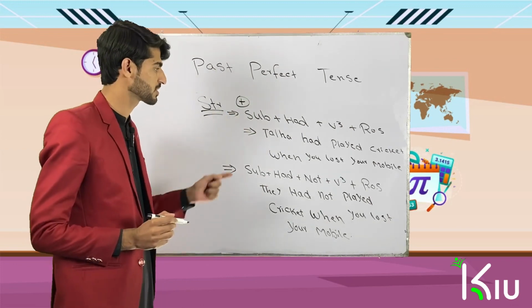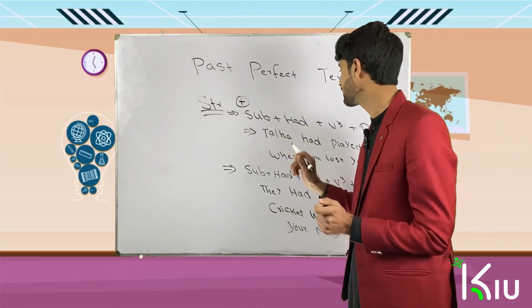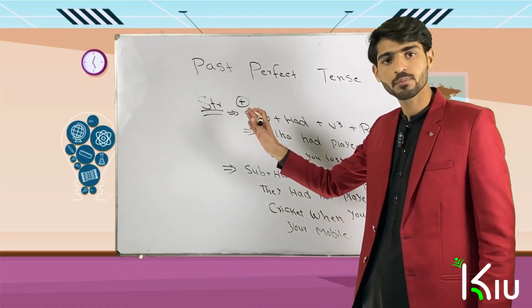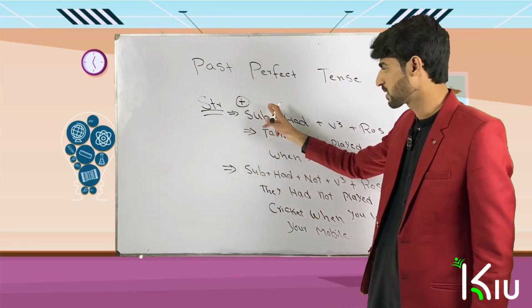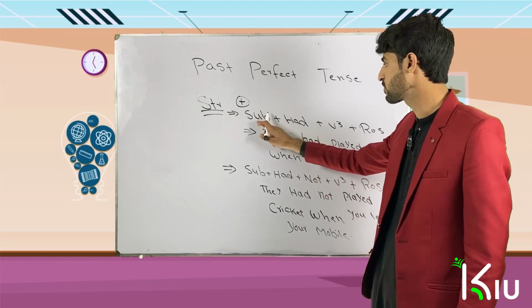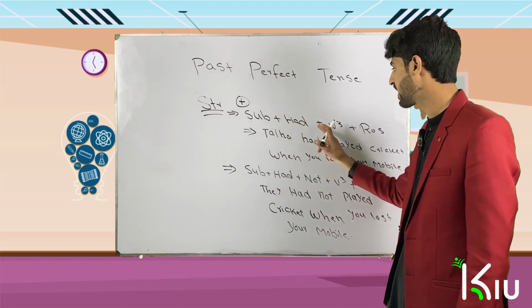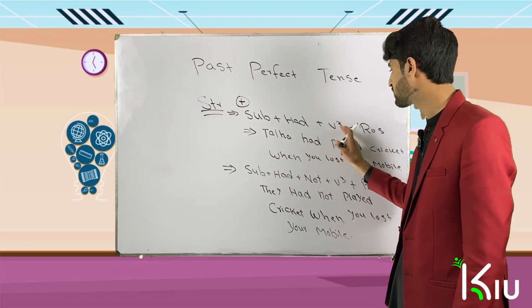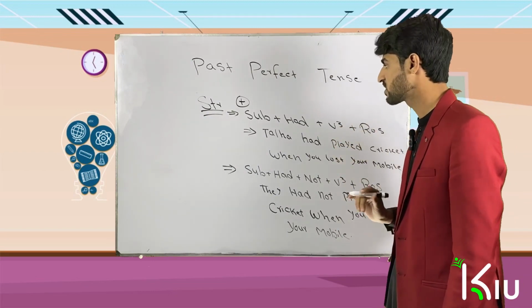First of all, we will put the subject. With the subject, we will put had, whether the subject is singular or plural, as we said in the rules. Then with had, verb 3, meaning the third form of the verb, and with that, the rest of the sentence.